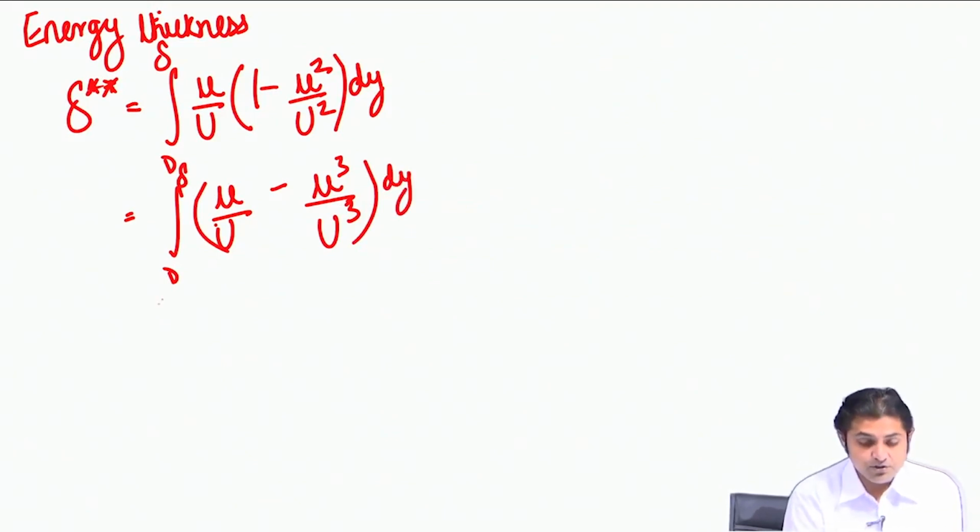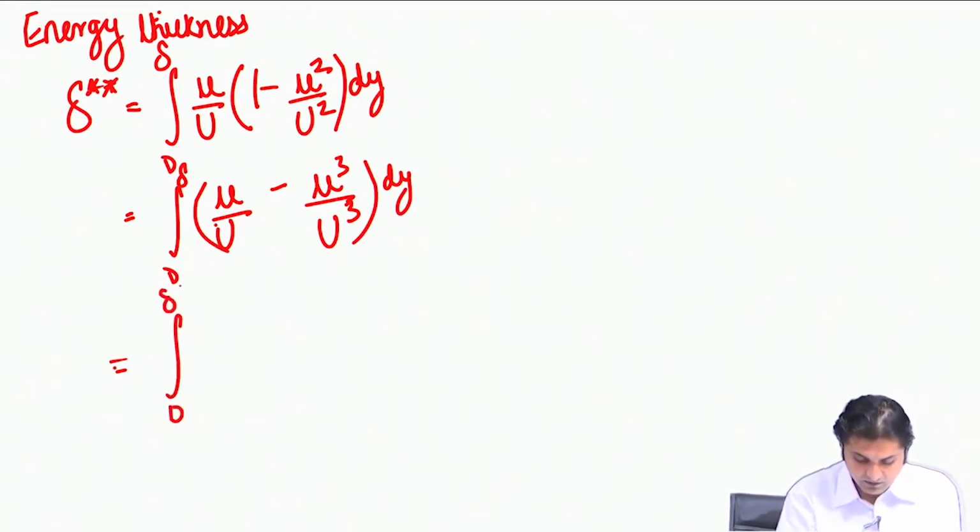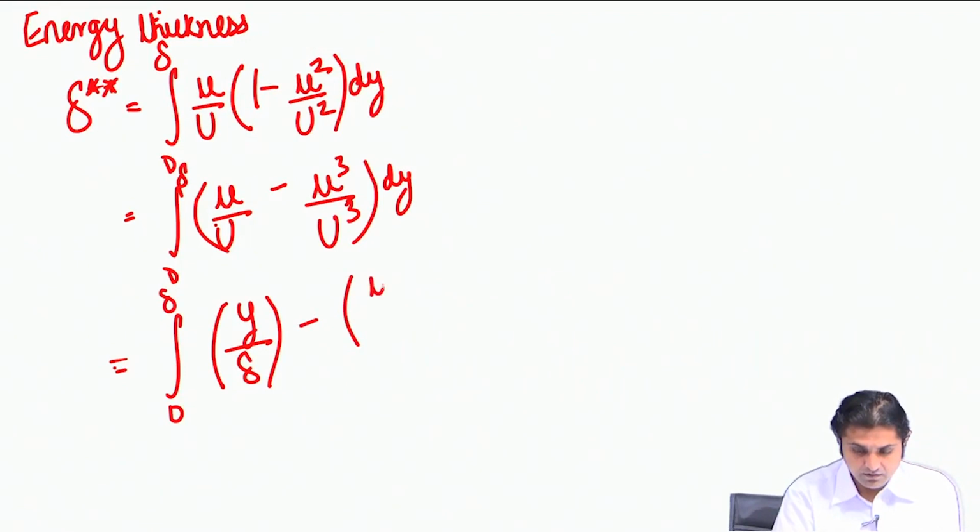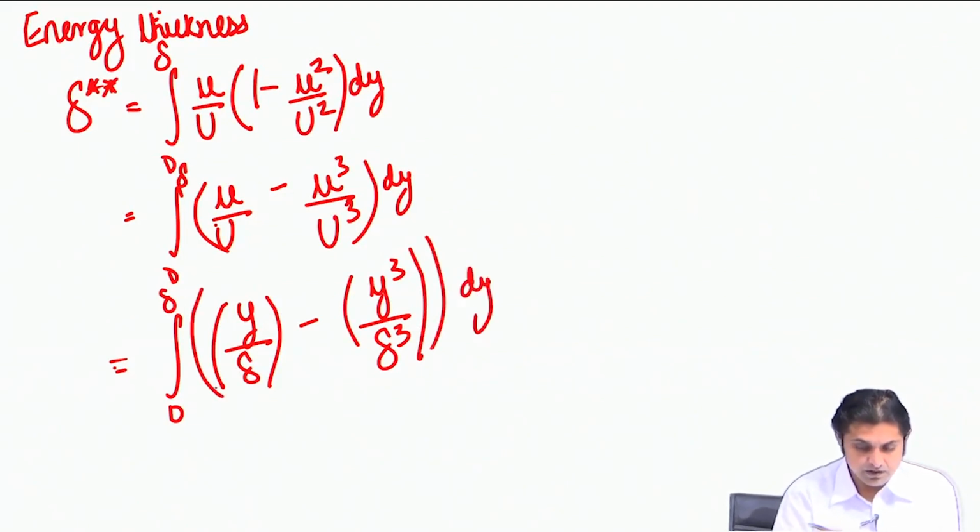After substituting the velocity profile, this is going to be integral 0 to delta of y by delta minus y cube by delta cube, dy. So, we have not yet integrated it.